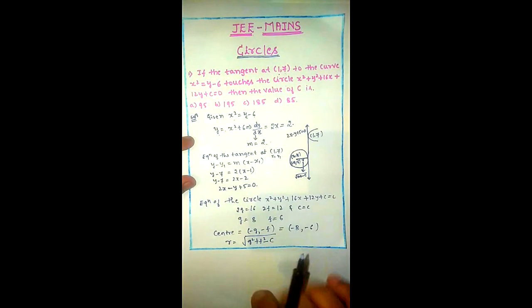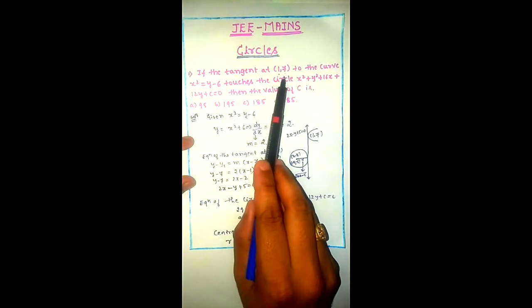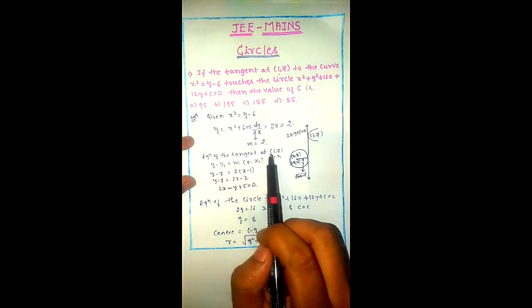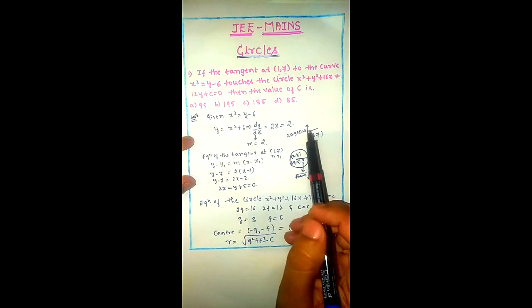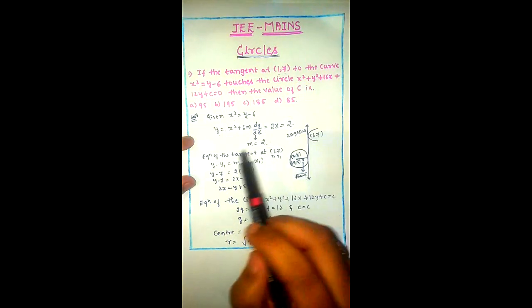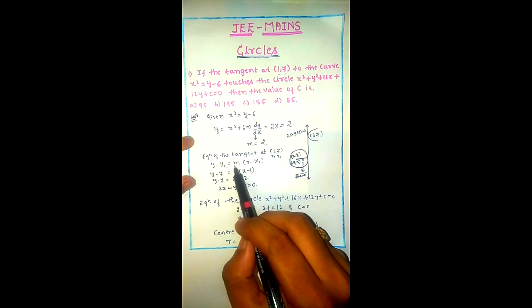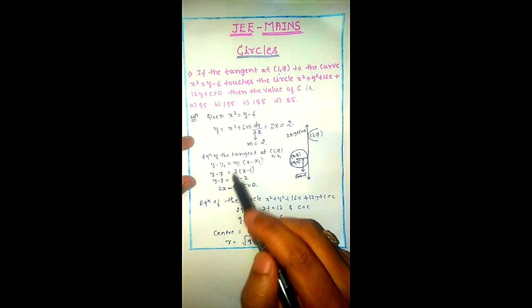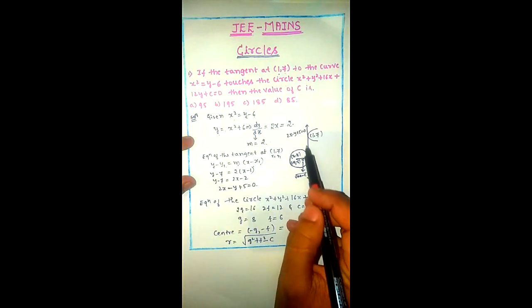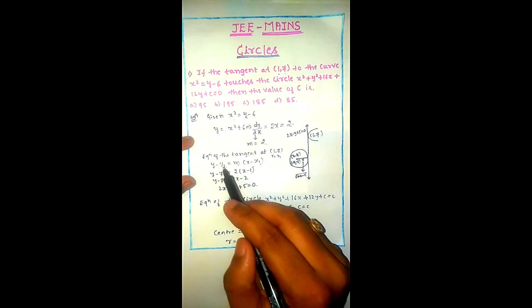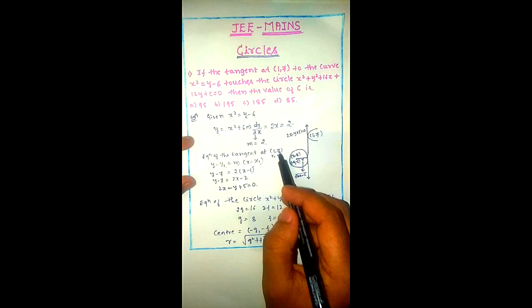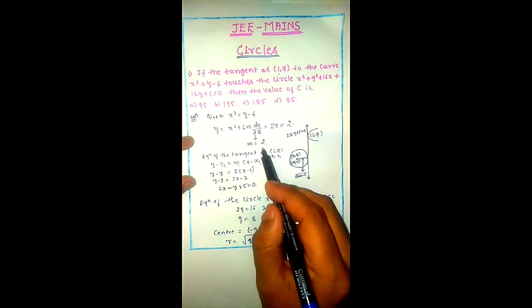We know that given a point and the m value, the equation of the tangent at (1, 7) is nothing but a line equation: y − y1 = m(x − x1). Here x1 = 1, y1 = 7, and m = 2.